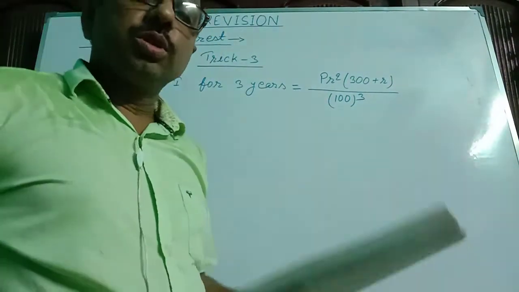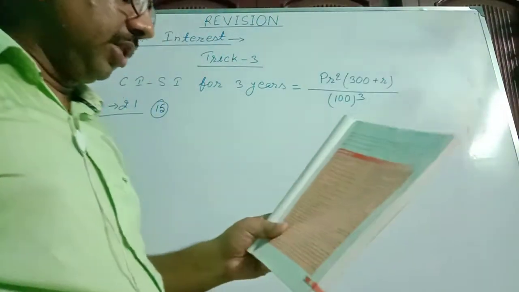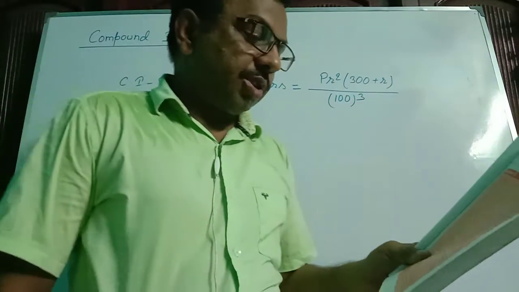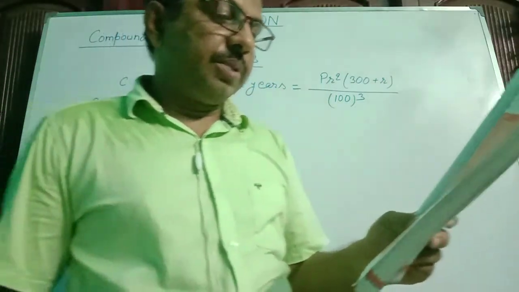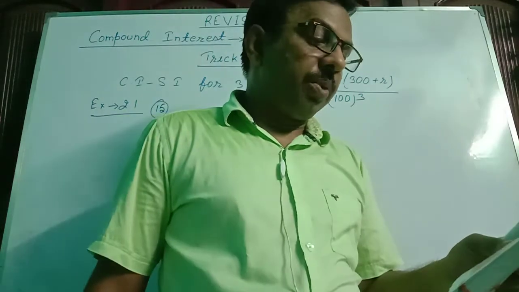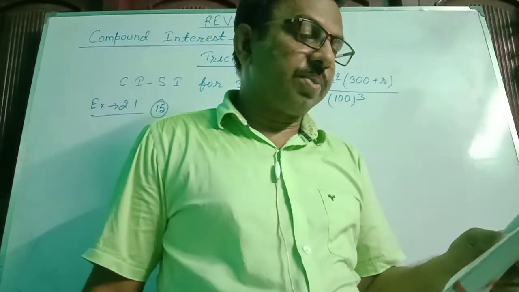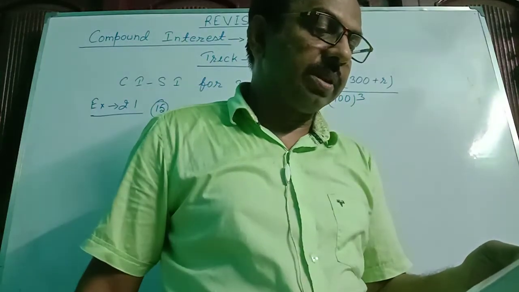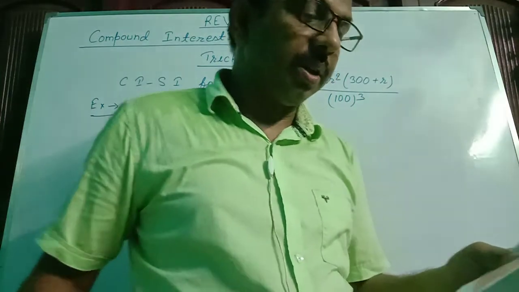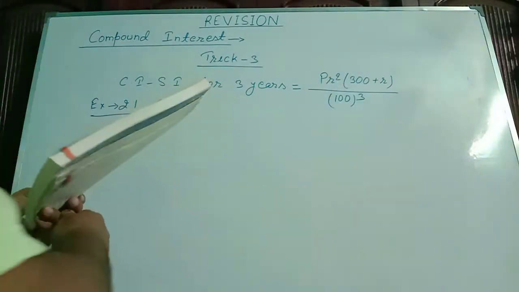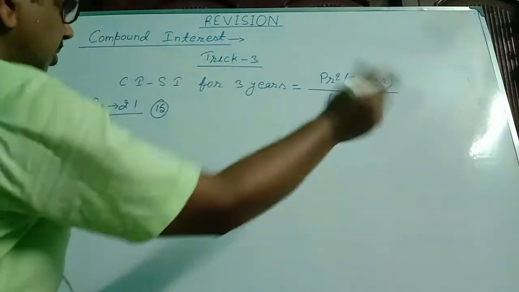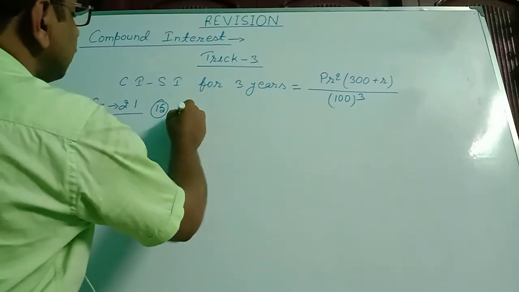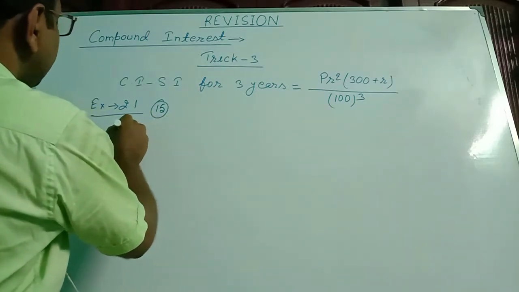One more question I would like to solve, that is question number 15. This question states that find the difference between the simple and the compound interest on rupees 5,000 invested for 3 years at 6% per annum interest payable yearly. So again, CI minus SI for 3 years is asked. We have written it already. So we start from here.